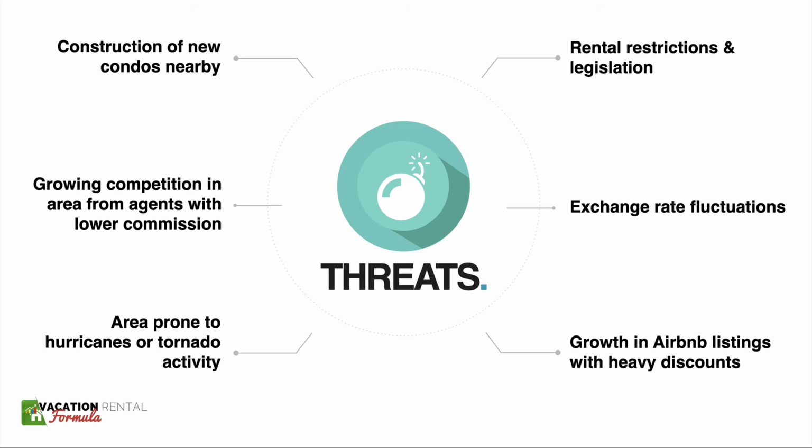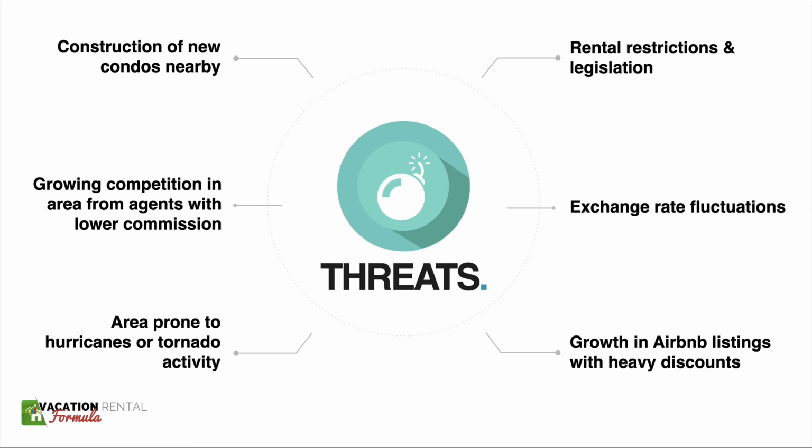Exchange rate fluctuations. This particular company is in a destination where people may come down from, let's say, Canada into the US. And when the exchange rate is unfavourable to Canadian visitors, they stop flying in and they'll stop driving in as well. So that's an important thing to consider within these external threats.